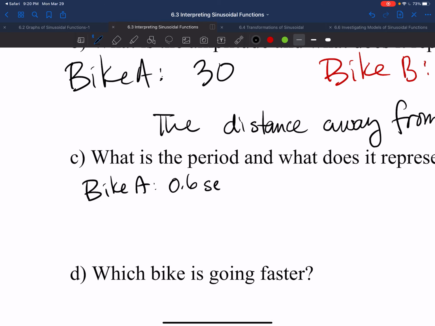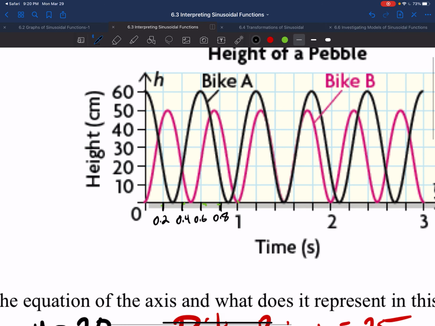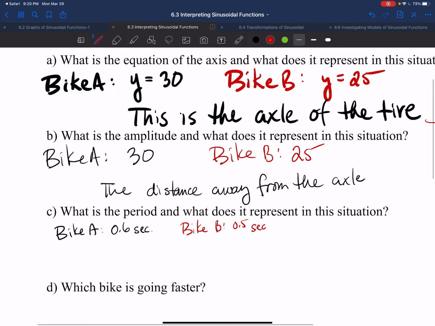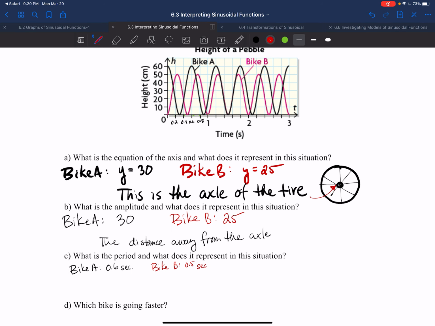So in this case, it's measured in seconds. And bike B, we're going to here, so halfway, so 0.5. Okay, so for bike A to go from here, so 60 centimeters, down to 0, back to 60 centimeters, took 0.6 seconds. So that is from the maximum height down to the minimum, back to the maximum.